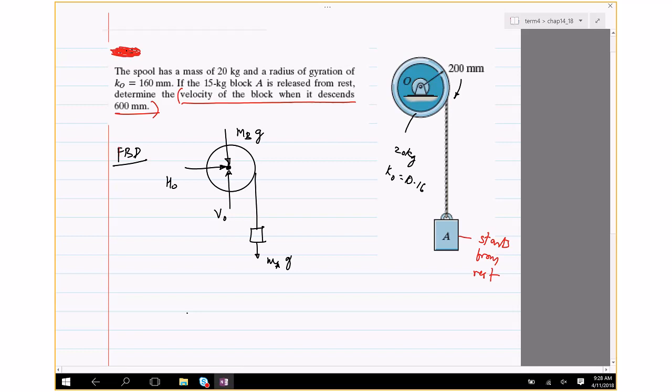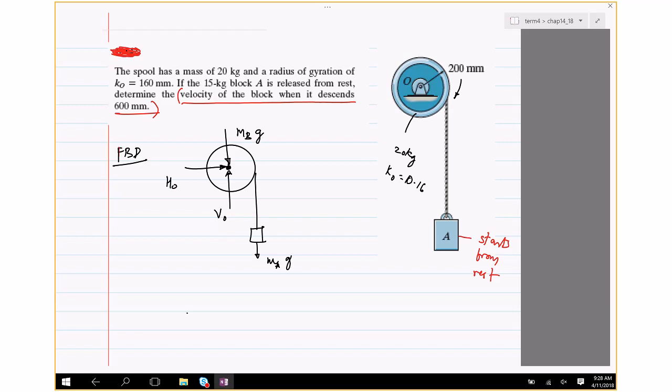Okay, so now let's think of what principle to apply. Are there conservative forces? Are there any non-conservative forces here? So non-conservative forces are external moment, external force, and then there is friction. There's no external moment there. So these look like they are external forces, right?